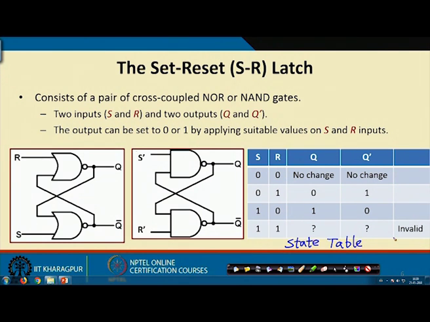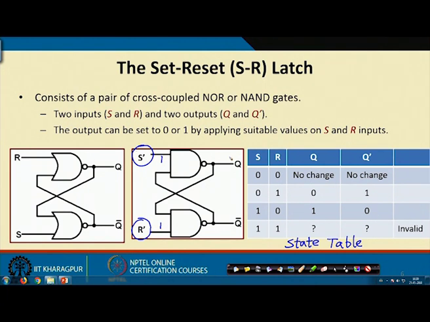Right. Well, here for the NAND one, the only difference is we are applying S bar here and we are applying R bar here, the NOT of S and R. Now, you can verify the operation. Suppose S is 0, R is 0, the first row, which means S bar is 1 and R bar is 1.